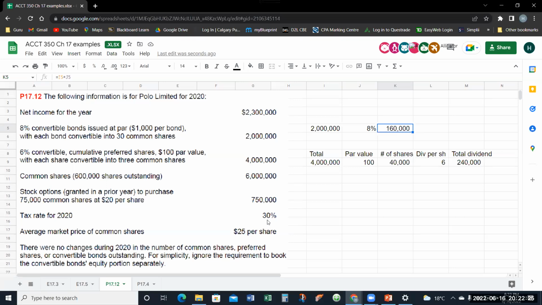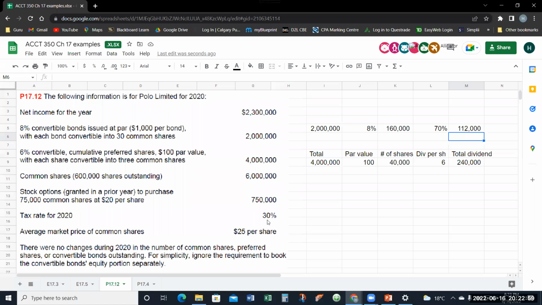So if the interest I pay on the bonds is 160,000, net of taxes that is only 70%, because I've got a 30% tax rate. Out of 100, if you remove 30 for taxes, you're left with 70%. So my after-tax interest is 70% of 160,000. That's 112,000.